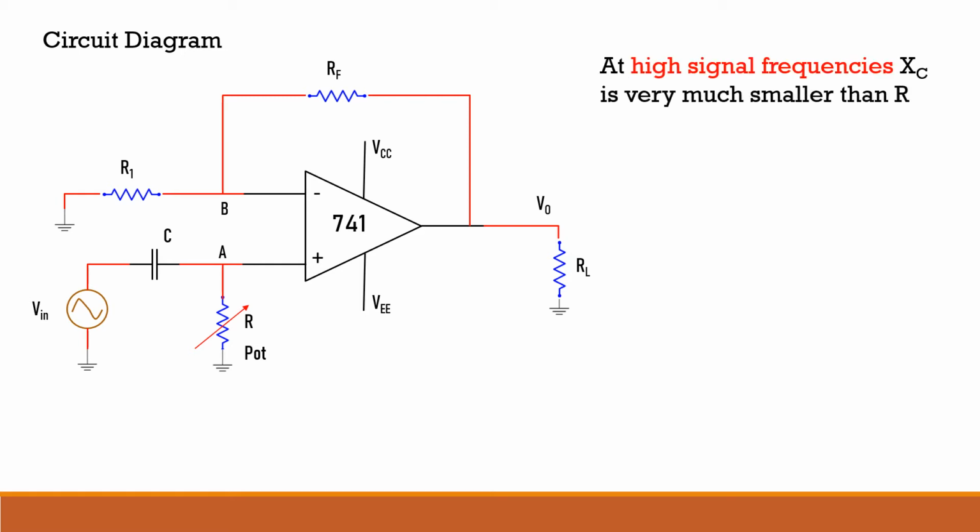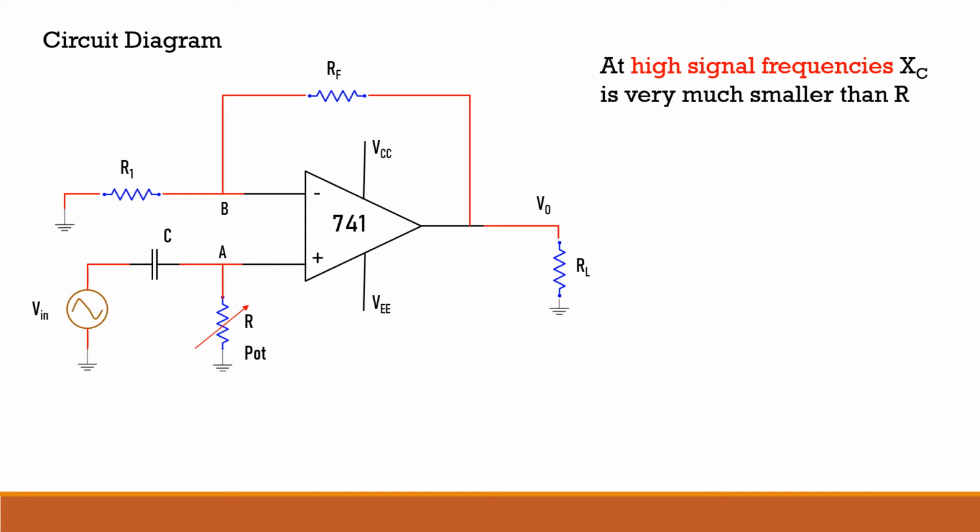First, considering very high signal frequencies, the capacitive reactance Xc is very much smaller. Xc is equal to 1 over 2 pi f C. For f very large, Xc is very small.